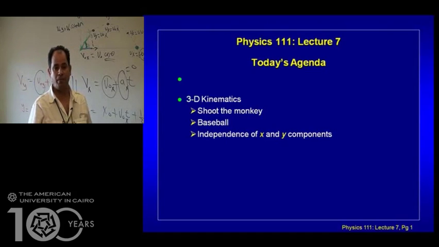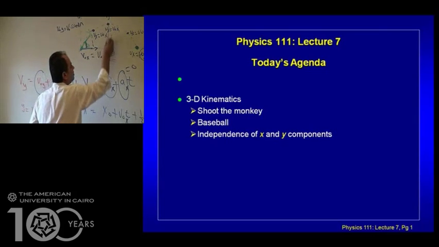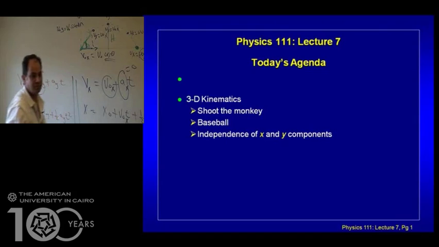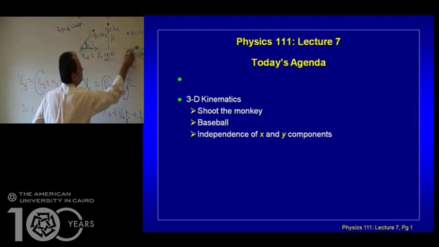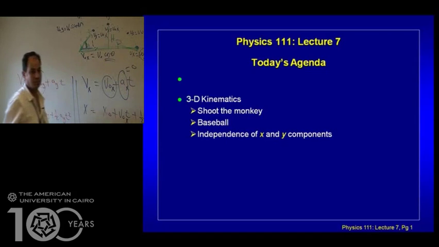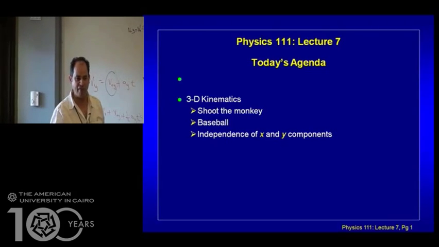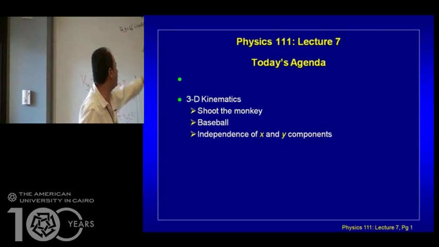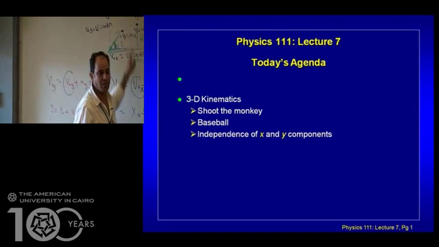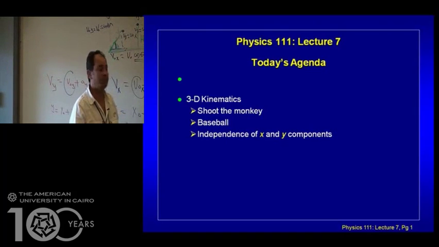Most of the books, most of the people will be interested in what is the maximum height, what is the total range. In every physics book, they will try to prove what is h, the maximum height a projectile can reach, and what is the maximum range it can reach.